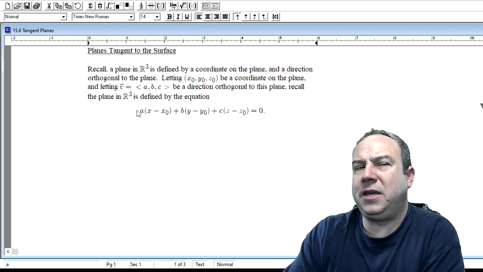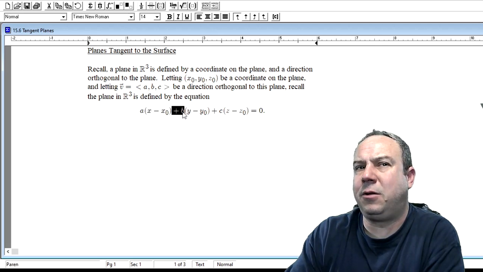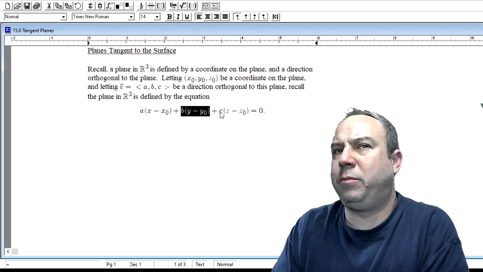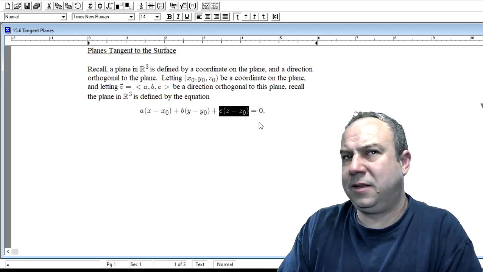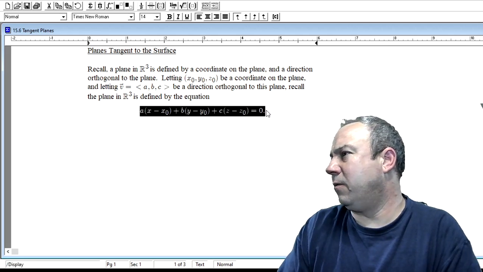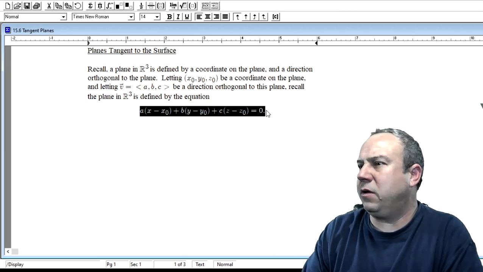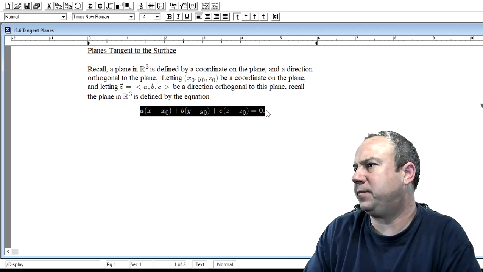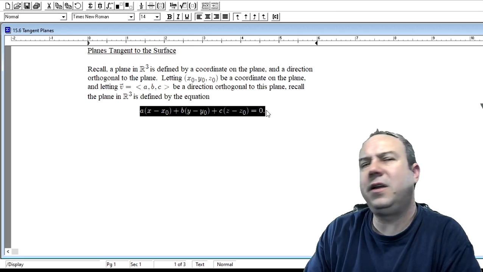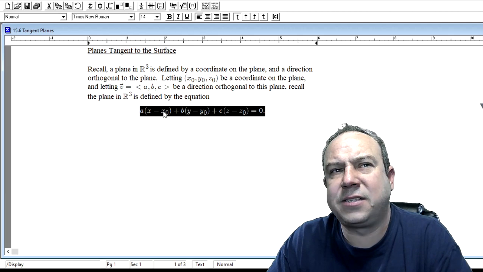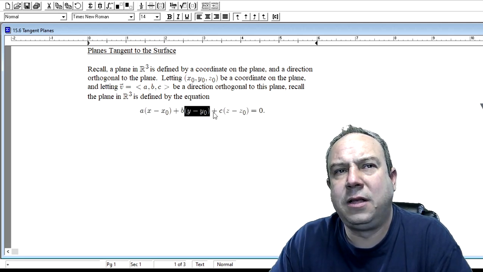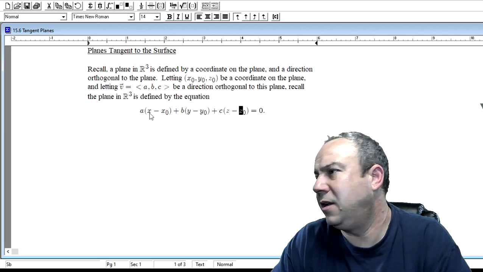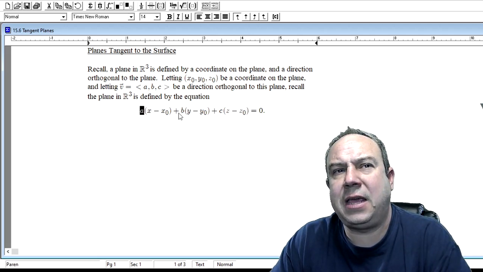It is going to be a times (x minus x null) plus b times (y minus y null) plus c times (z minus z null), all set equal to 0. This produces the general form of the equation for a plane in three-dimensional space, passing through the point x null, y null, z null, in the direction of the vector a, b, c in value.